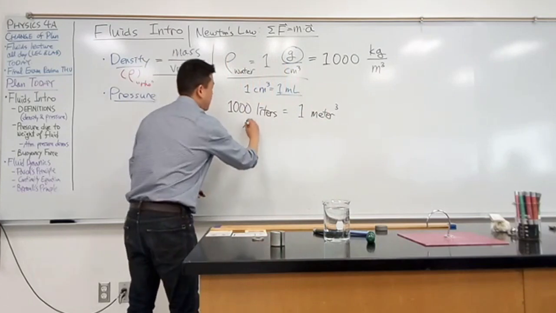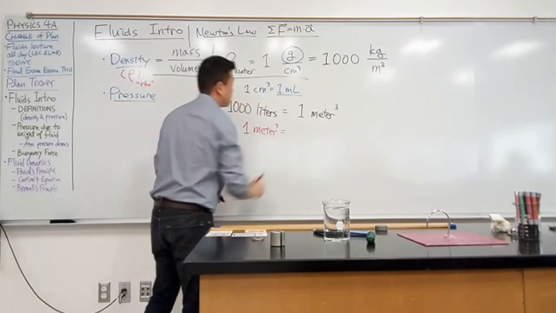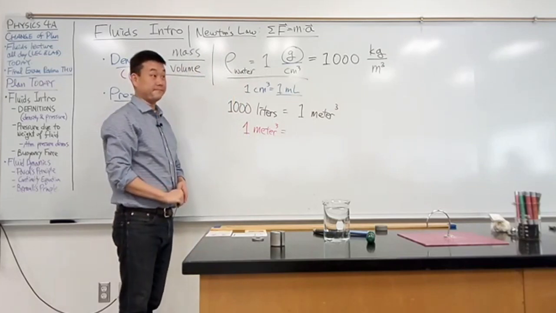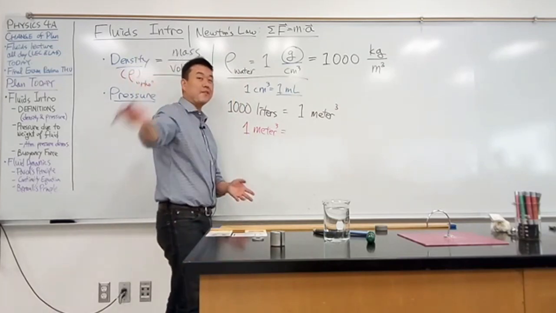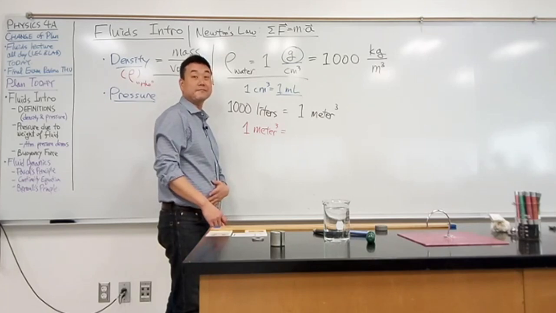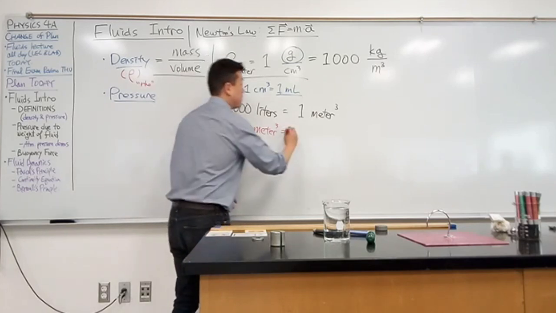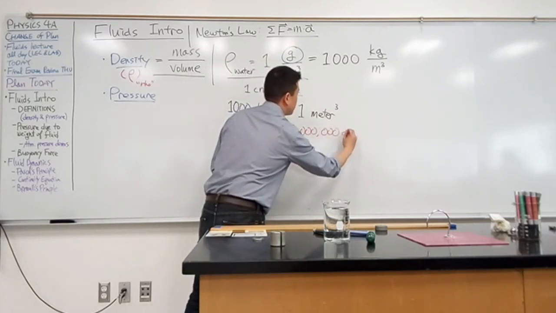So let's say I'm talking about 1 cubic meter. How many cubic centimeters is that? 10 to the power of 6. So give me a number in English. Did someone say a million? Yeah, 1 cubic meter is 1,000,000 cubic centimeters.